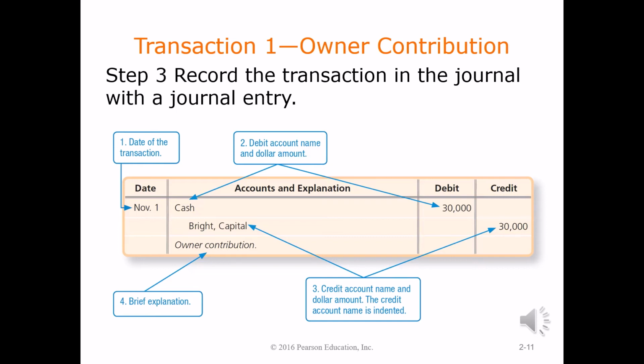The fourth element, and the absolute least favorite of anyone in accounting class, is the explanation. Although annoying because you feel that you have your journal entry done, the explanation in real life can be the most important part of the journal entry.